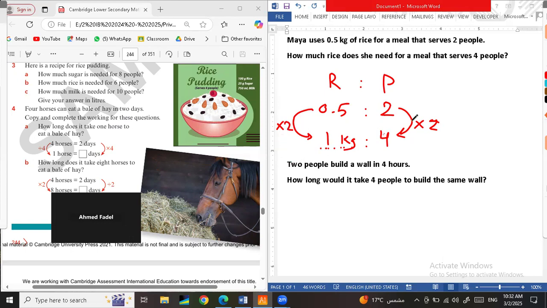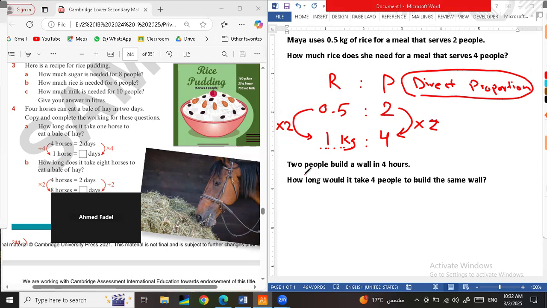This is what we call direct proportion. Why? Because when one element increases, the other one increases as well. If this gets decreased, then I also need to decrease the amount of rice.